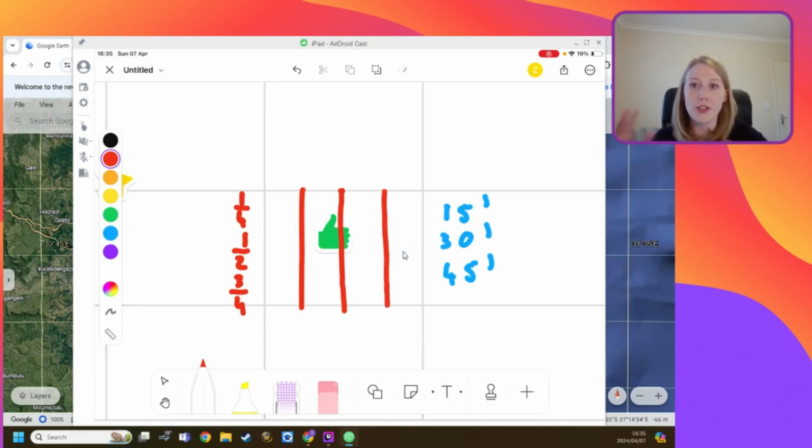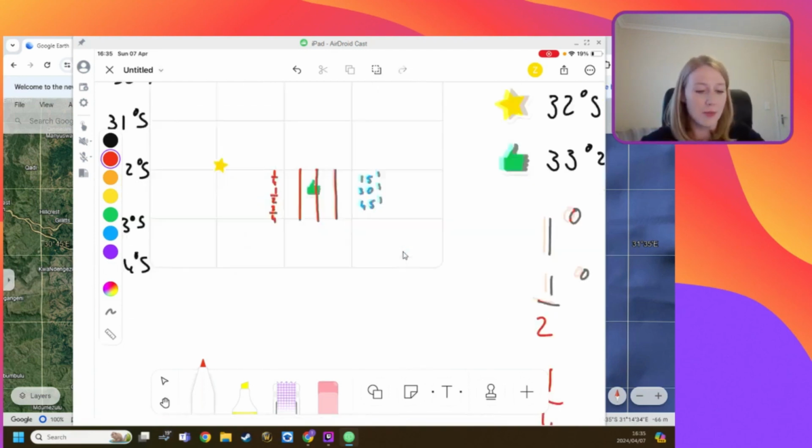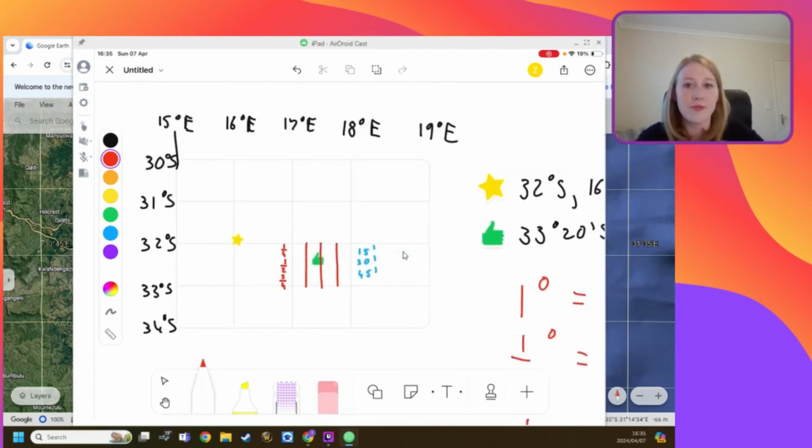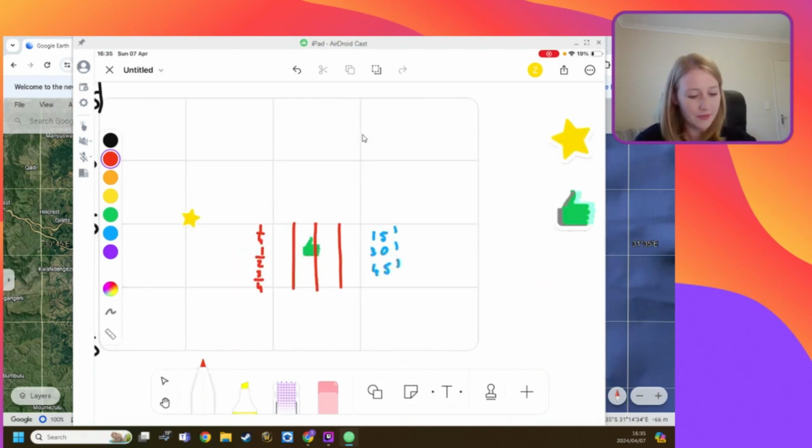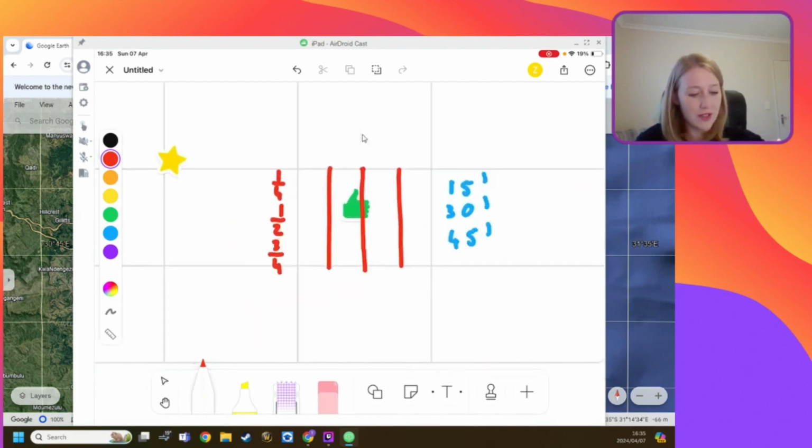If you're not sure which way you should be counting in, go back to your degrees. And because we're in the eastern hemisphere, it increases towards the east. So there's 17, there's 18, which means that this is the quarter, half, and the 3/4.